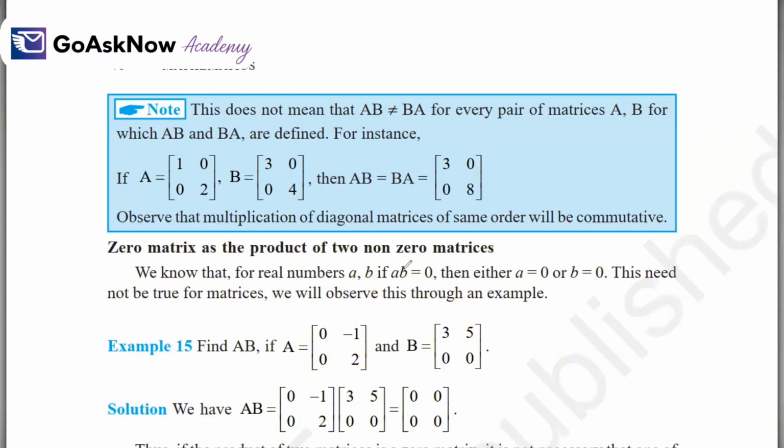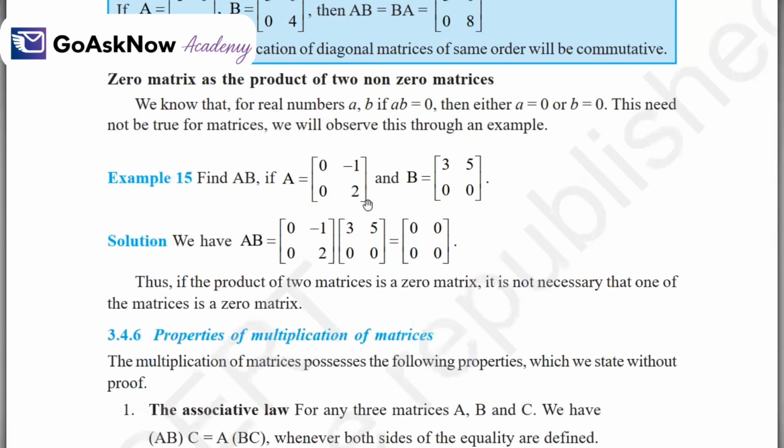So this case is not true for matrices. We will see why. Find AB if A is equal to 0, minus 1, 0, 2 and B is equal to 3, 5, 0, 0. If you find AB, for the first row and first column you get 0 into 3 plus minus 1 into 0.